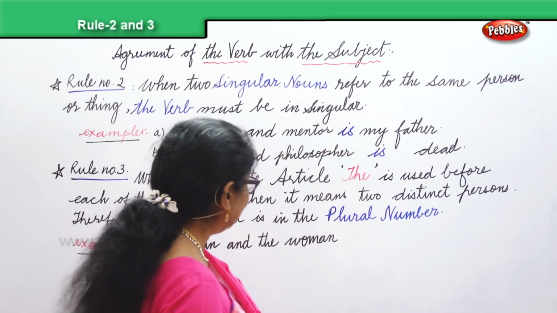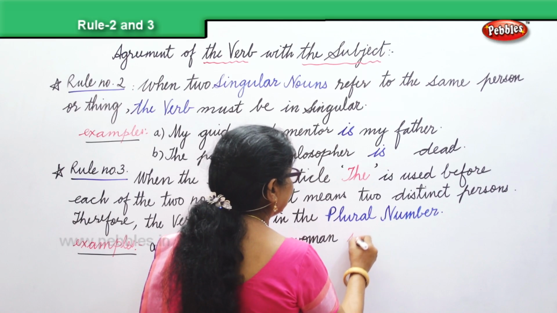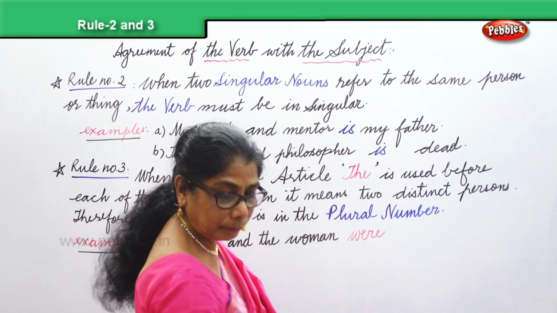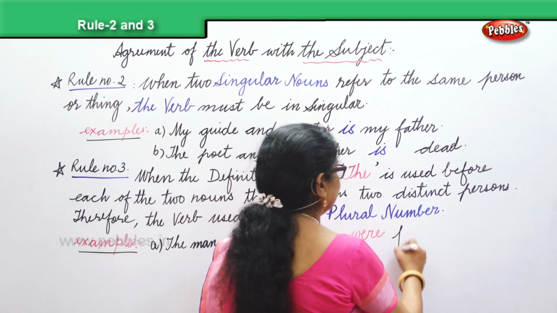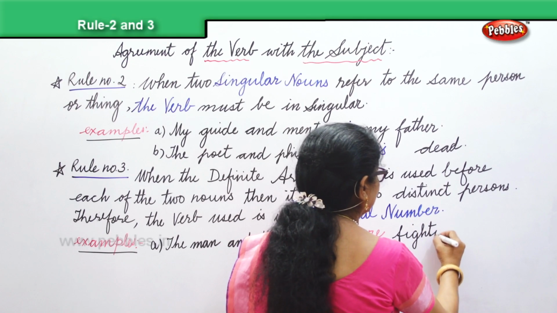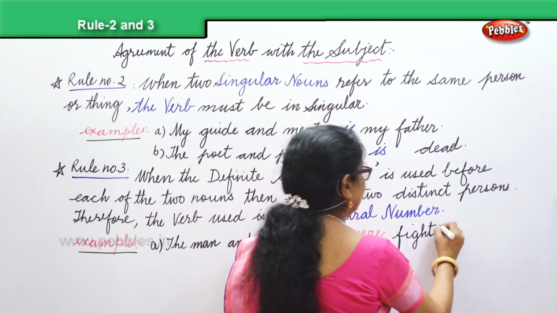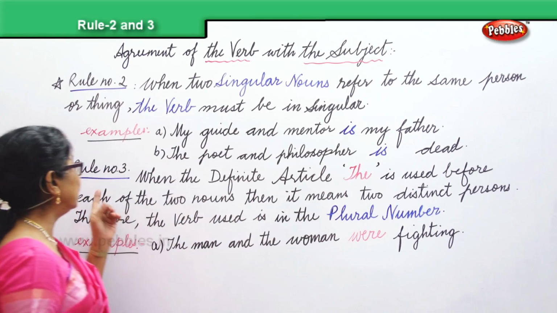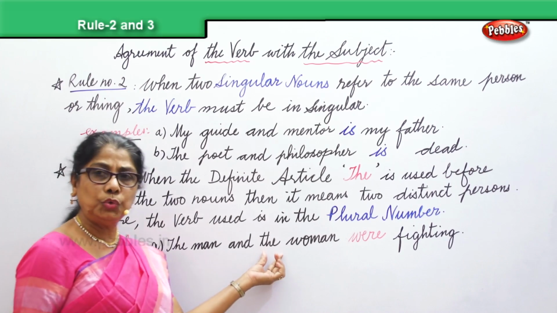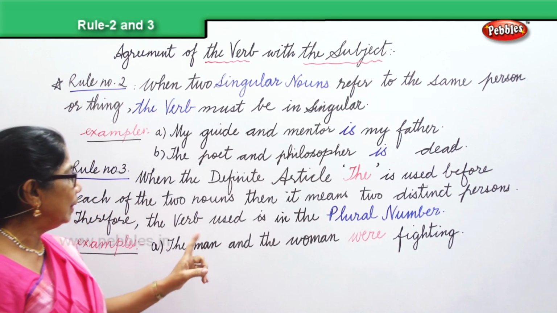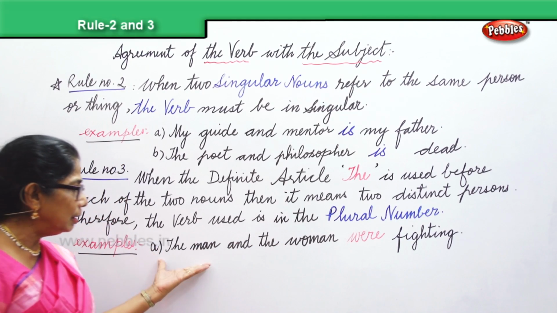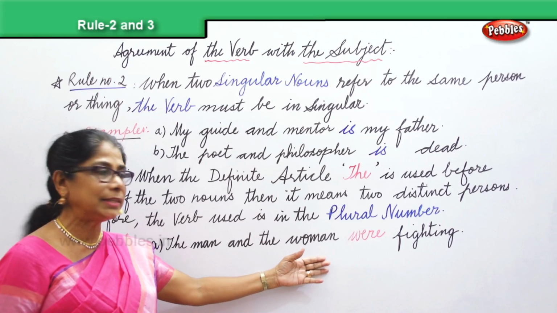The man and the woman were fighting. Here in the third rule, when we use the definite article the before persons, that means there are two definite persons, the man and the woman, two distinct persons.